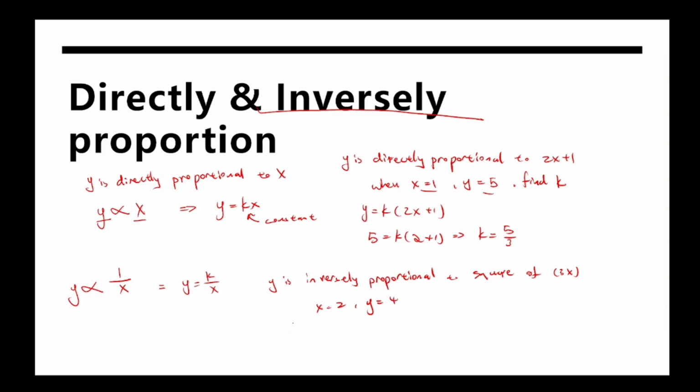Now this can be expressed as y equals k over 3x squared, because it's the square of 3x. And when x is 2, y is 4. So 4 equals k over 3 times 2 squared, which is 4 equals k over 36. Thus, k equals 144.